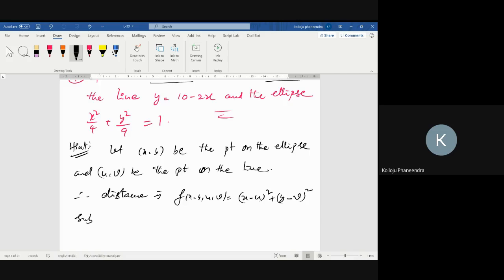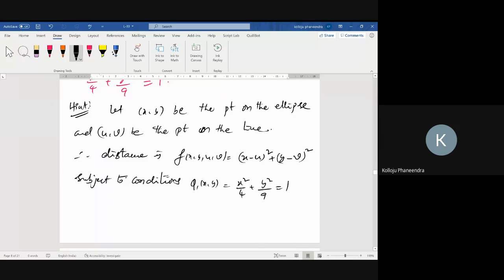I'm considering the distance without square root, subject to the conditions. What are the conditions? First one, phi 1, I will take the ellipse condition, x square by 4 plus y square by 9 equal to 1. And the second condition, phi 2 of u, v: this u, v point is on the line. What is the line here? The line is 2x plus y equal to 10, so this becomes 2u plus v equal to 10.